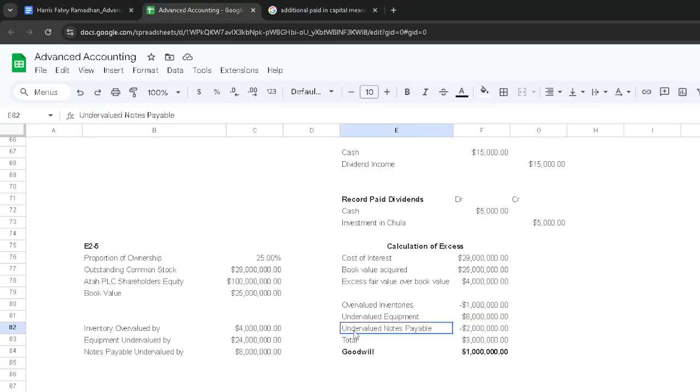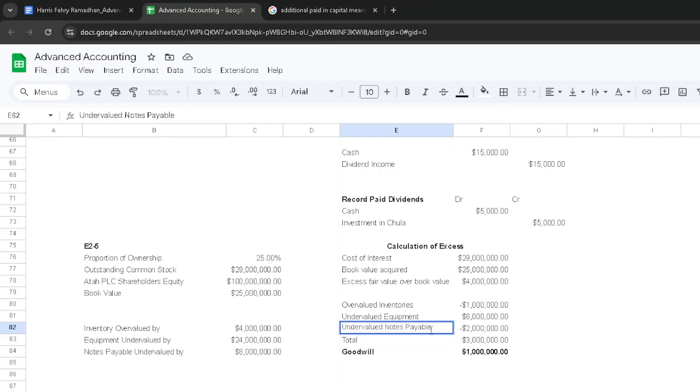And so notes payable, why is notes payable a negative number if it's undervalued? The simple reason is that notes payable is not an asset account, it's a liability. Notes payable is something that we have to pay, right? And so if it's undervalued, it means we should have been paying more. We should have more payables compared to what the book says.